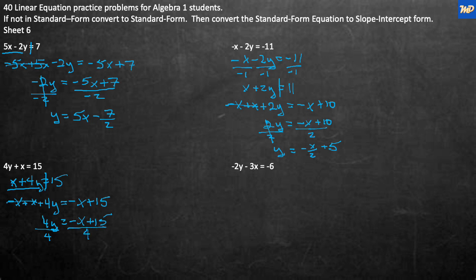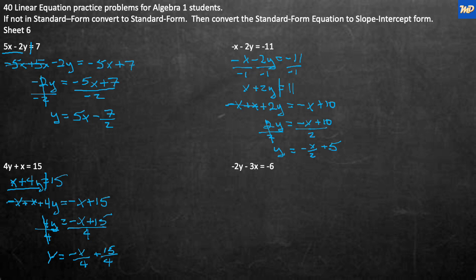And when we do that, the 4's cancel, and we end up with a y term here. Y equals negative x over 4 plus 15 over 4. We couldn't reduce this because 4 doesn't go into 15 evenly.